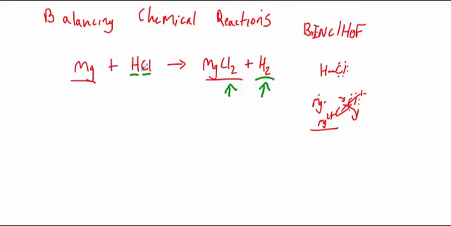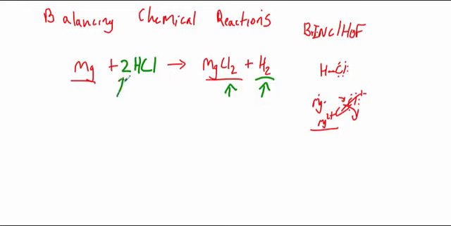But I can't just willy-nilly change these subscripts because that actually changes this compound, and I can't change the compound. What I can do is change the amount of the compound. So I'm going to put a 2 in front of it, and this says instead of magnesium reacting with 1 molecule of hydrochloric acid, it's going to react with 2.